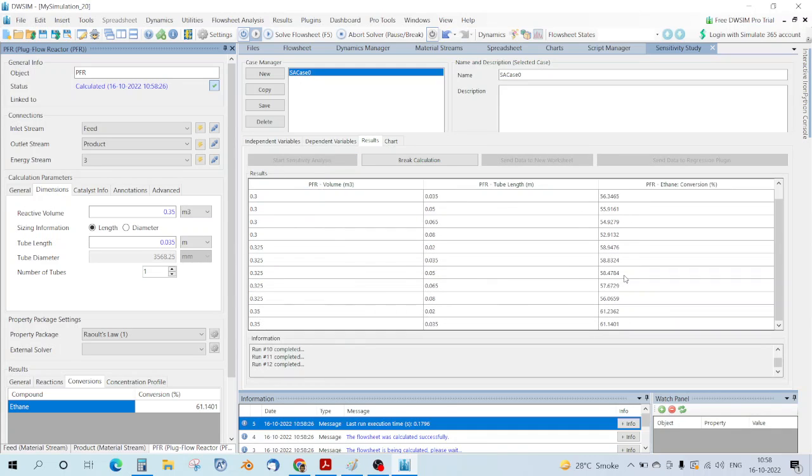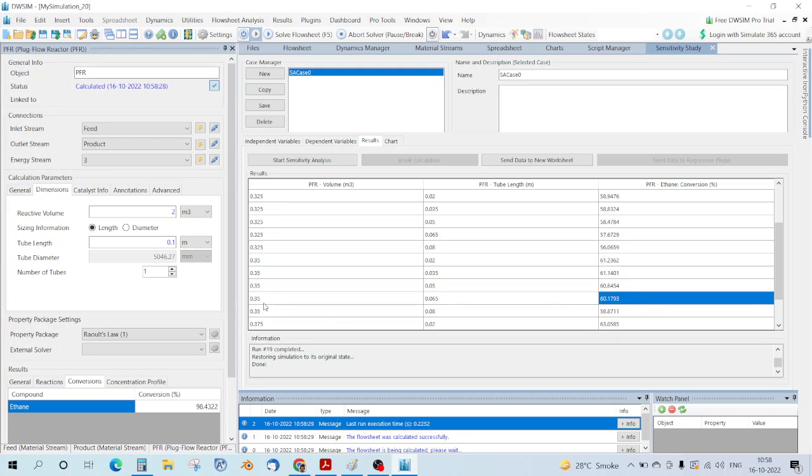Yes, this part. So it's about 60% over here, and yes, this is quite near. So at about 0.35 meter cube of volume with a tube length of 0.065 meter, we would get an ethane conversion of 60%.